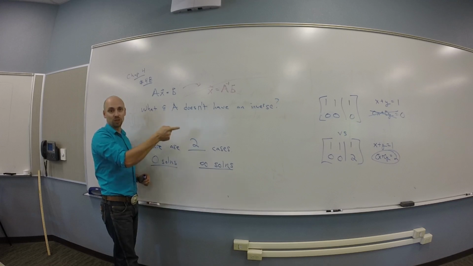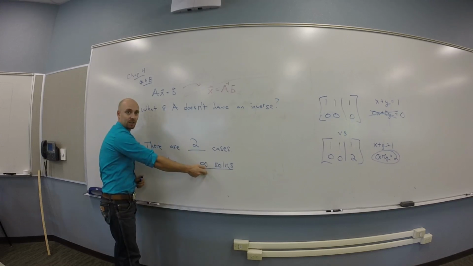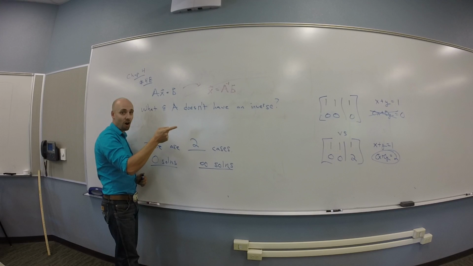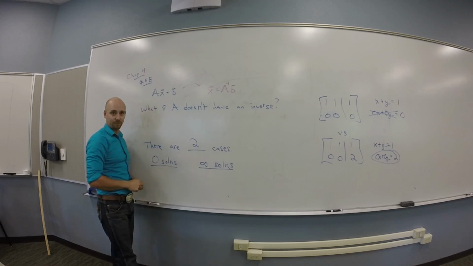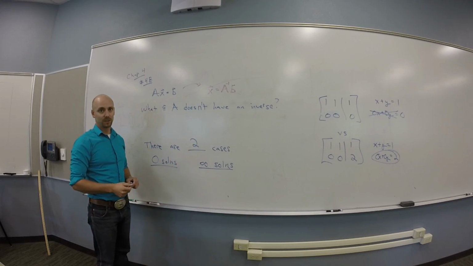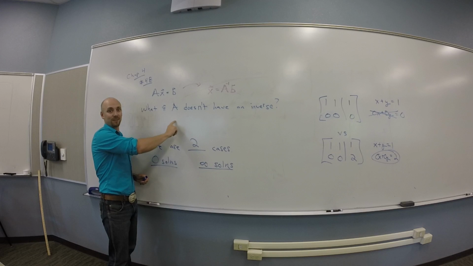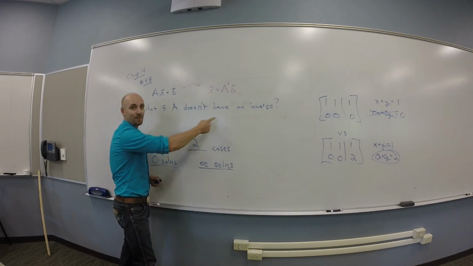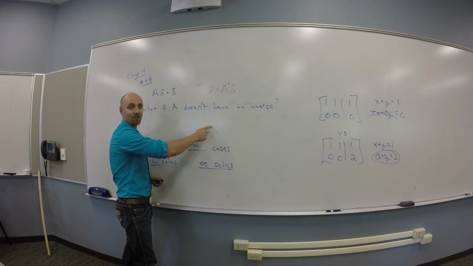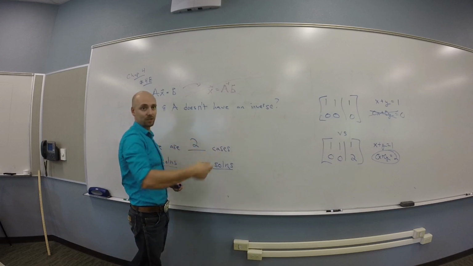If it's also 0 on the right, you're in this case. If it's 0 on the left and not on the right, then you're in this case. So the answer is augment. There's either 0 solutions or infinitely many solutions.